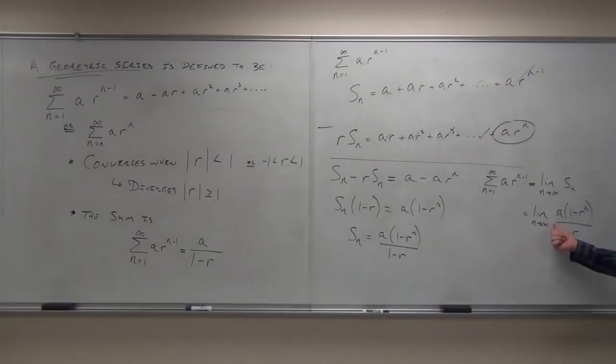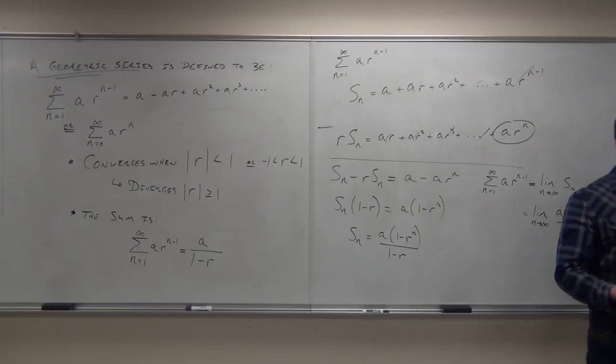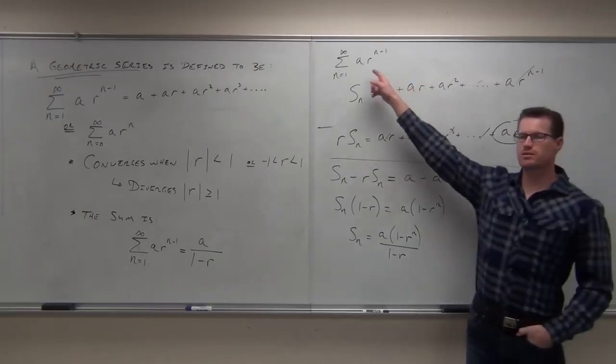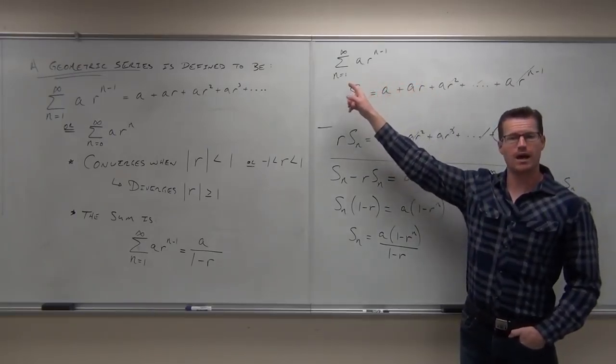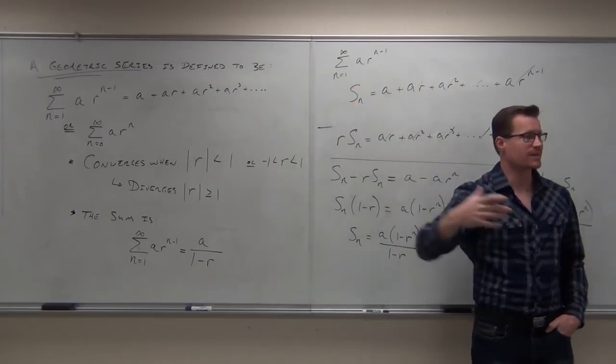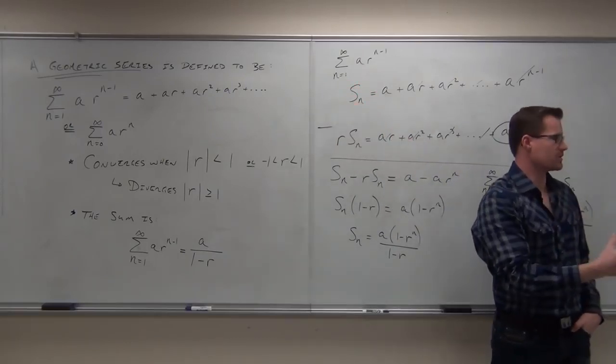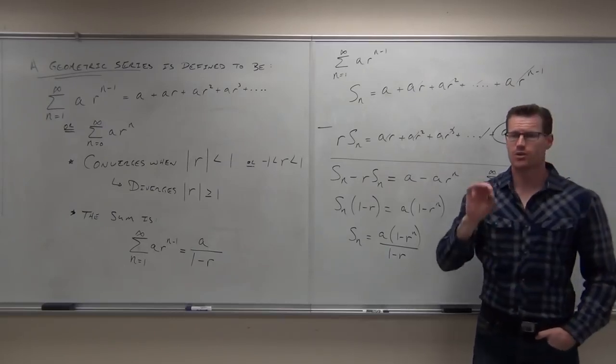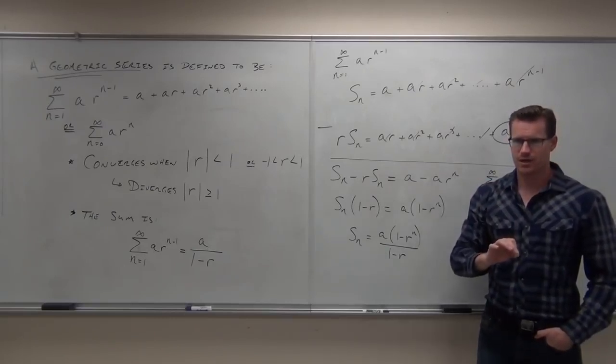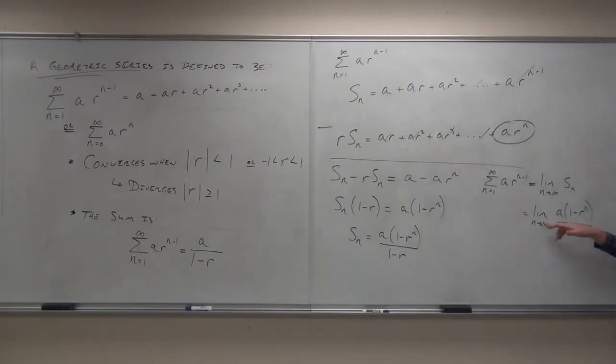Firstly, tell me what a is. A is a constant. The number r will be fixed depending on what your series is. So it will be something like 1/2, something like 4/3, something like 7, whatever, negative 3/4. Whatever that is, your r will be fixed. Do you understand that? The only thing that's moving here is your n.